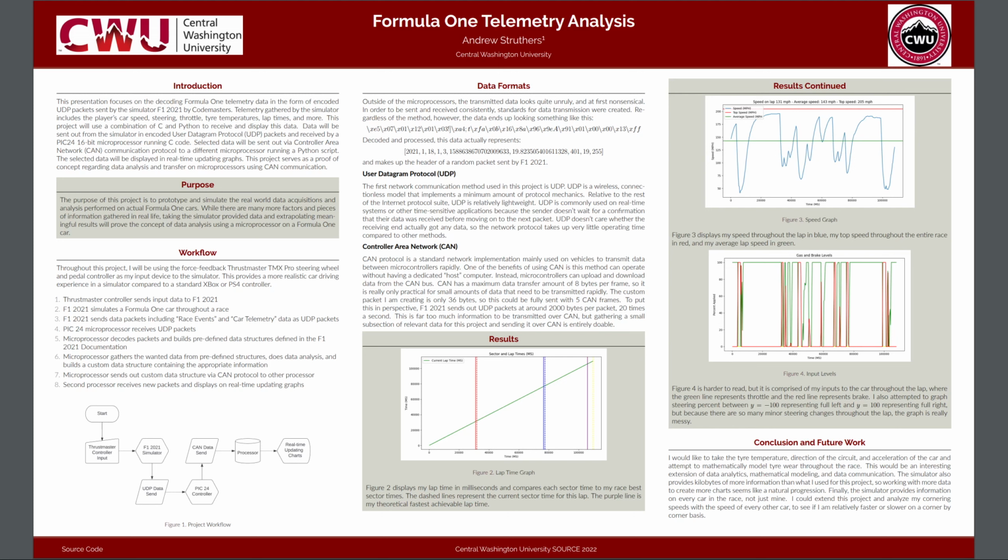So in figure 1, we can see a visual aid for the workflow of this project. It gets pretty confusing because there are so many different places the data gets sent and analyzed. So this is a nice visual aid to help understand the workflow of this project a little bit better.